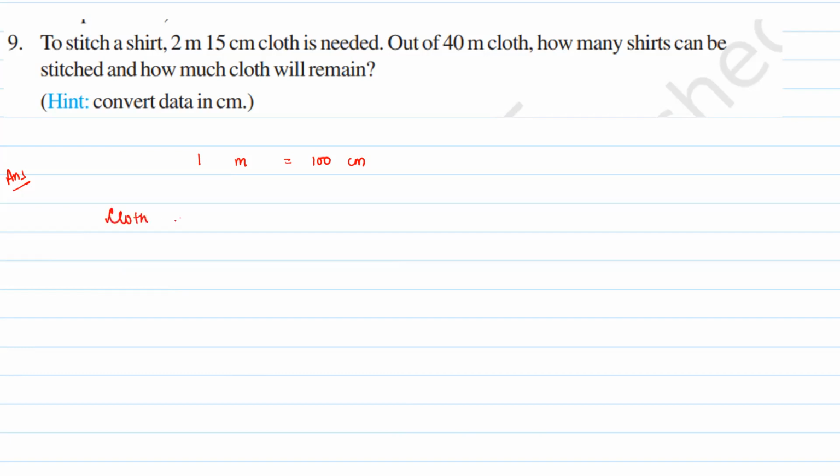Okay. So just write cloth needed to stitch a shirt. How much cloth is needed? 2 meter 15 centimeter, which means 200 centimeter plus 15 centimeter, which is 215 centimeter, right?